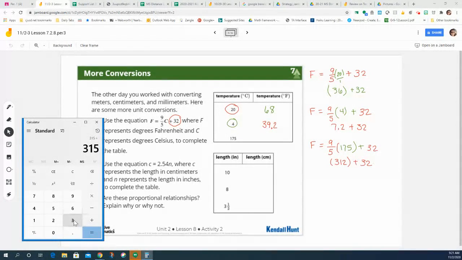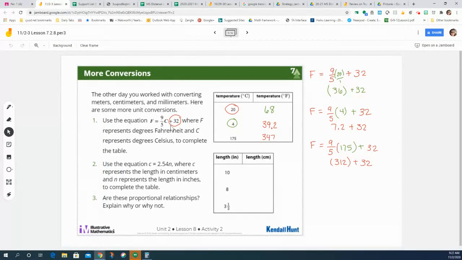This is some really hot heat. It is 347 degrees. So when it's 175 degrees Celsius, it is 347 degrees Fahrenheit. That's what we just did: we used the equation to complete the table.